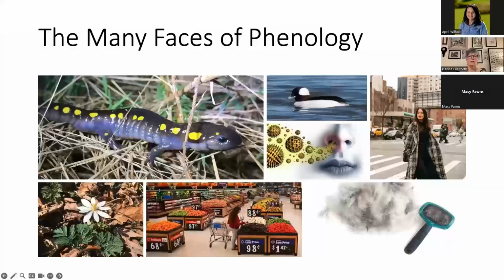And there are lots of different ways to think about phenology. If you're a birder, you probably have a list of birds that you see every year. And some people are really having fun with this. When's my first sighting of a cardinal, of a mallard? It doesn't have to be anything fancy, but which birds do I see when?